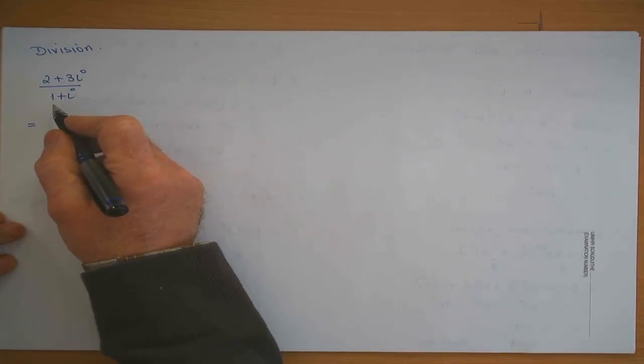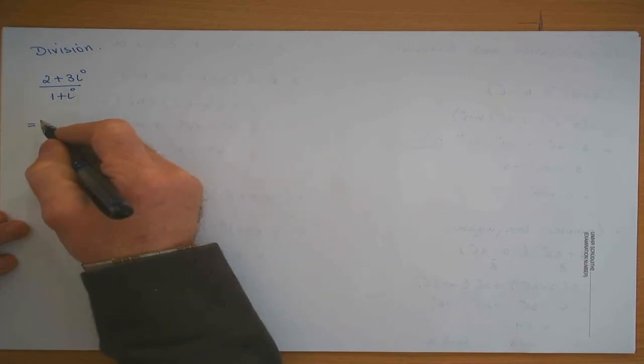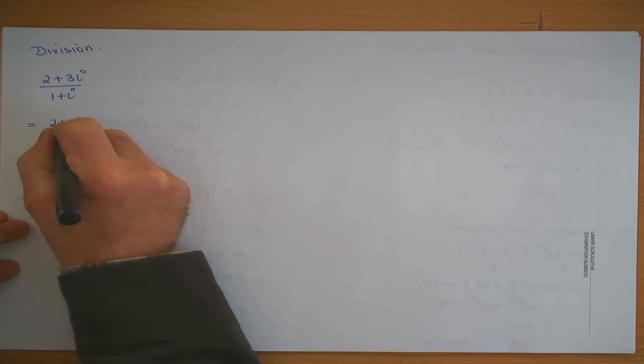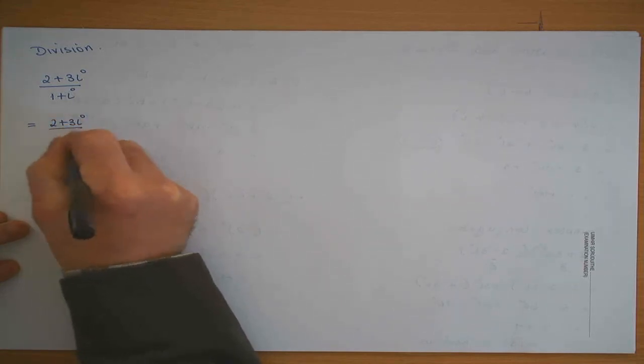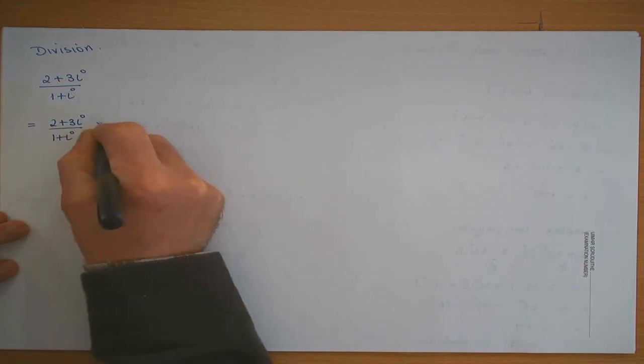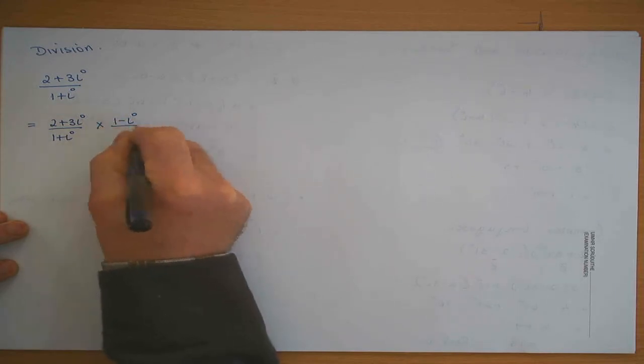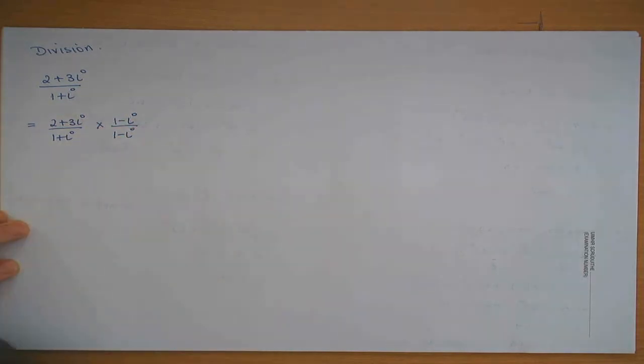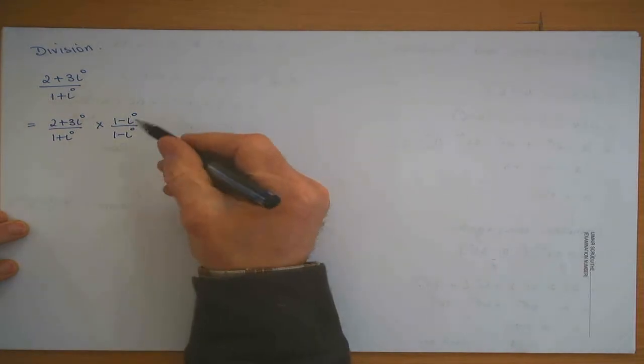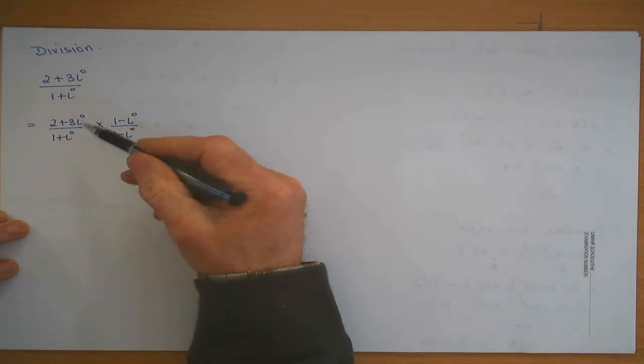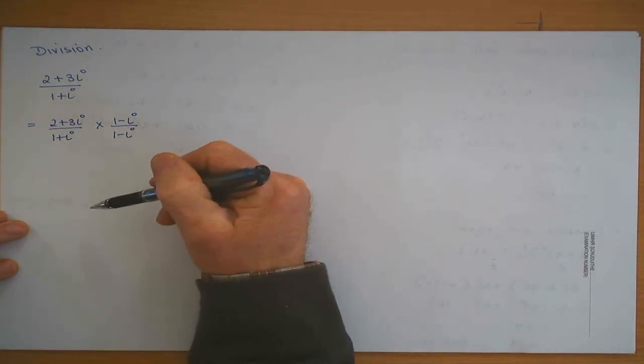Did someone say square? No, that won't make it real. What do I have to multiply by to make it real? By its complex conjugate. So that's 2 plus 3 iota over 1 plus iota by 1 minus iota over 1 minus iota. So I've done the same thing to the top and bottom. So what does that do with the fraction? It keeps it the same.